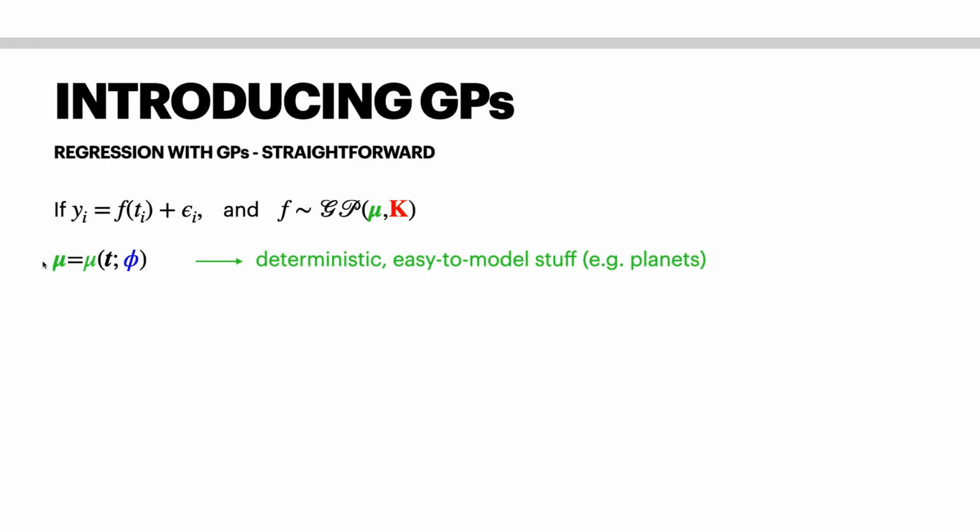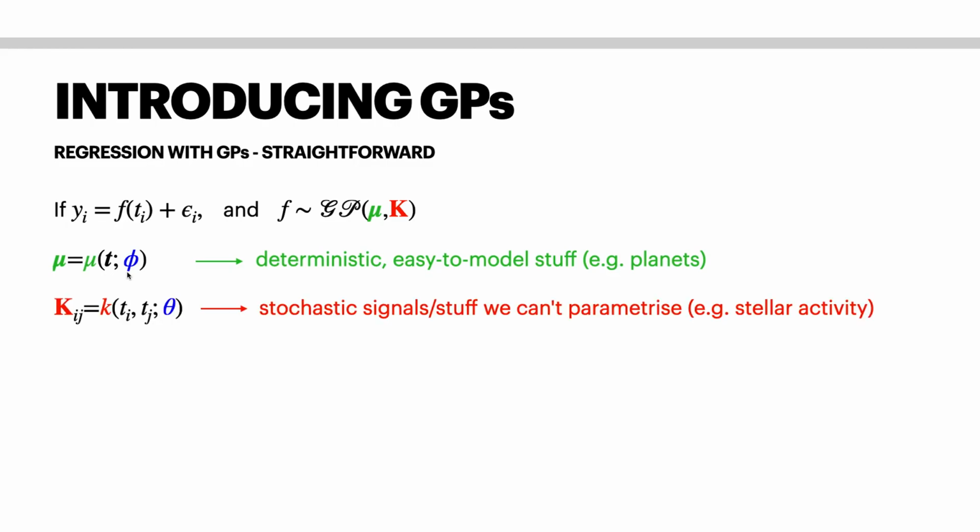The mean function is uninteresting, and we usually just take all the deterministic stuff we already know how to parameterize, for example, signals due to planets, and cram those into the mean function, which will then depend on some parameters. Or sometimes for simplicity, people just set the mean function to 0.